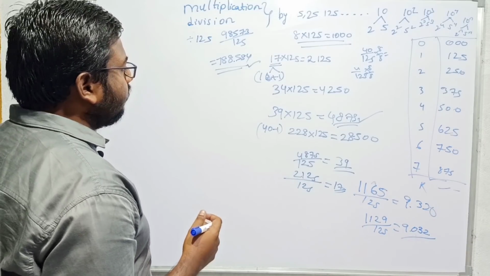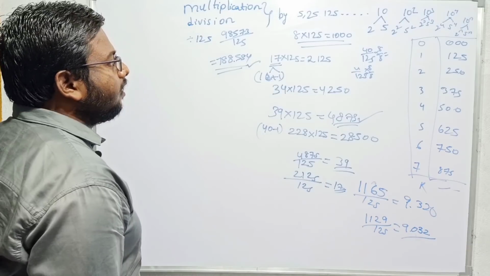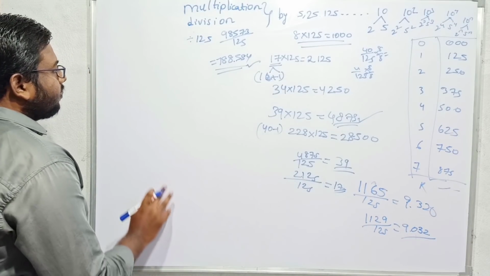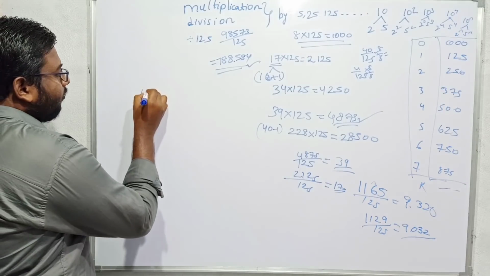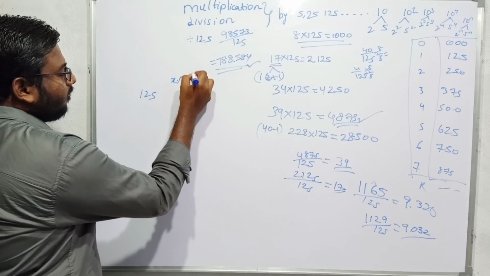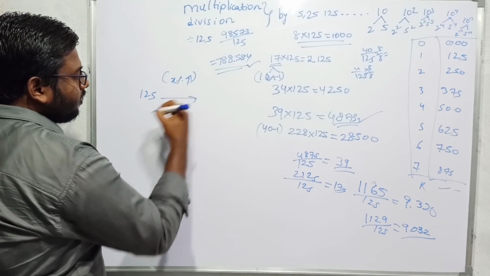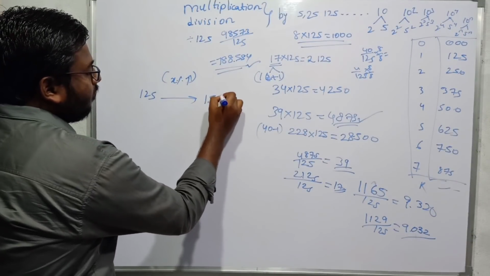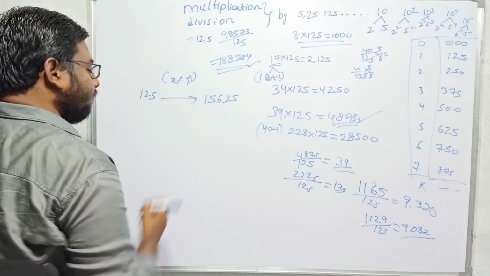But now we will see one application of this, one multiplication with 125. For example, if there is a question asked in percentage like this, if 125 is increased by X percent, then we will get 156.25.